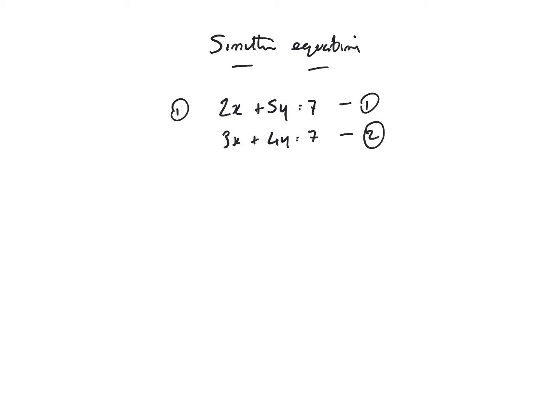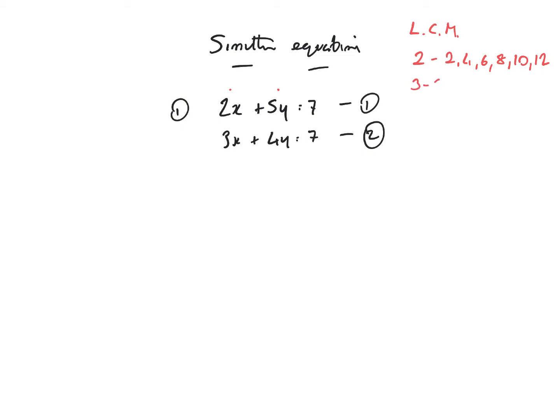Now, these are questions in which we need to manipulate both equations to get going. So we can either get rid of x's or y's. Now, if we're going to get rid of x's, what we look for is the lowest common multiple. Your multiples of 2 are 2, 4, 6, 8, 10, 12, and I could keep going.